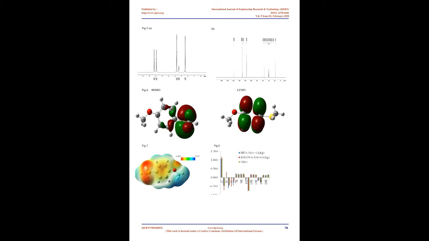The in-plane bending vibrations of the CH3 group have been identified theoretically at 1458 and 1447 cm⁻¹, staying in very good agreement with the experimental values found at 1445 cm⁻¹ and 1449 cm⁻¹ in the FT-IR and FT-Raman spectra, respectively. The out-of-plane bending vibration manifests in the experimental infrared spectrum as a band of medium intensity at 1470 cm⁻¹, staying in excellent agreement with the theoretically predicted value of 1469 cm⁻¹.